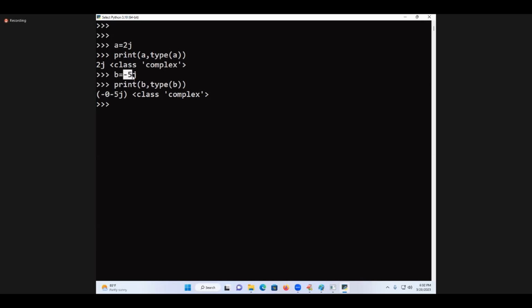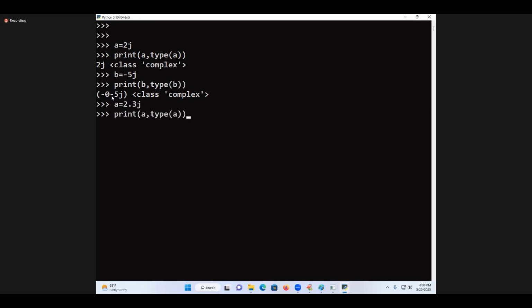When the imaginary part is negative, they take the real part also negative. Minus 0 or 0 has no meaning, it is 0 only. Don't make it a big doubt. Understand, students?